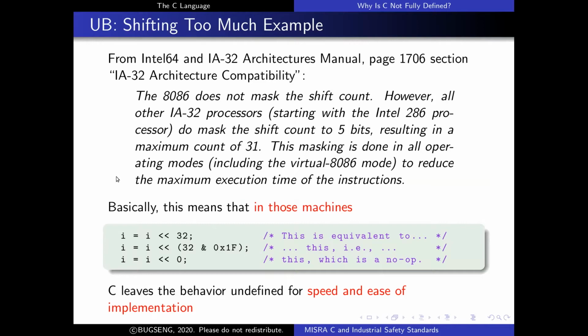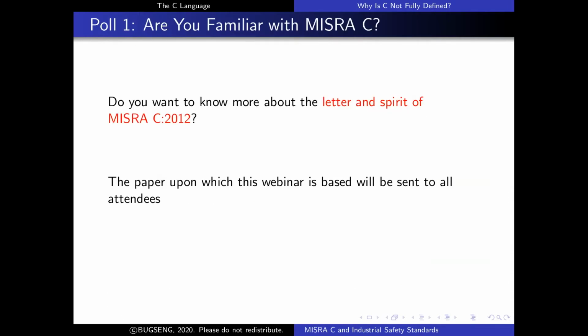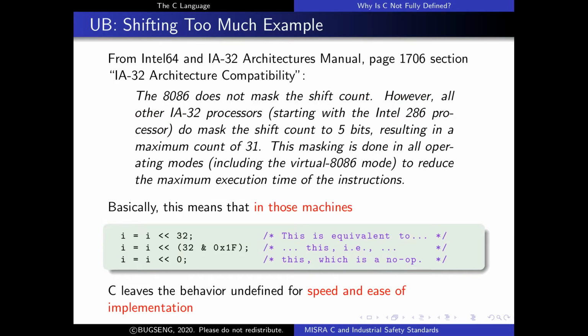So again, the C language leaves this behavior undefined for speed and ease of implementation. This is the spirit of the language whenever it is possible: a high-level construct of the language should be mapped to one machine instruction.